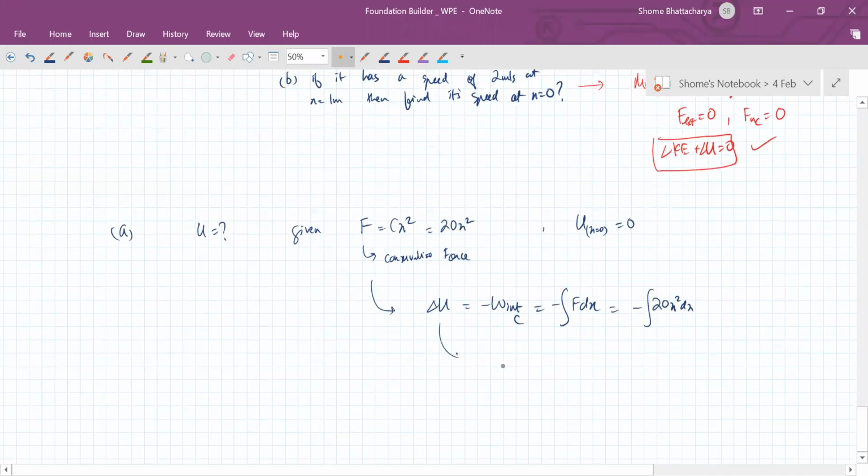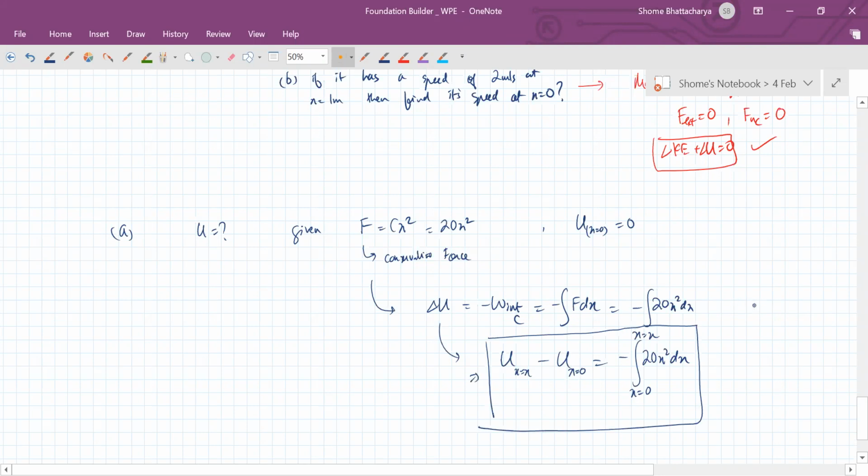So the change in potential energy, U at some x minus U at x equal to 0, is equal to minus the integral of 20x squared dx from x equal to 0 to x equal to x. This is the concept we use: delta U is the negative of work done by the internal conservative force.